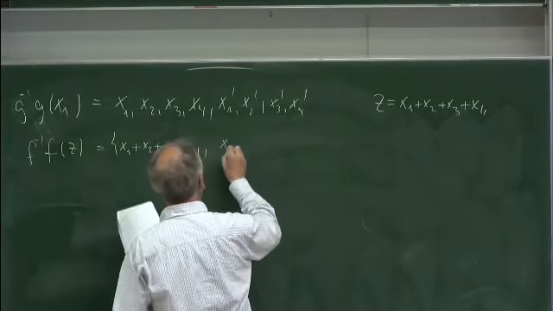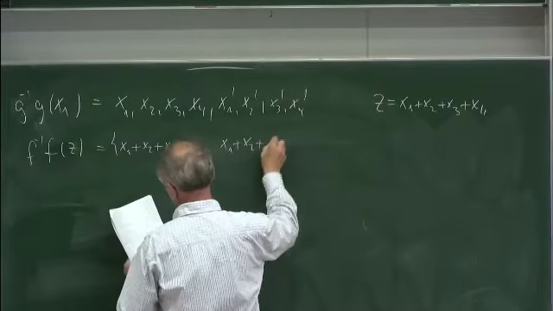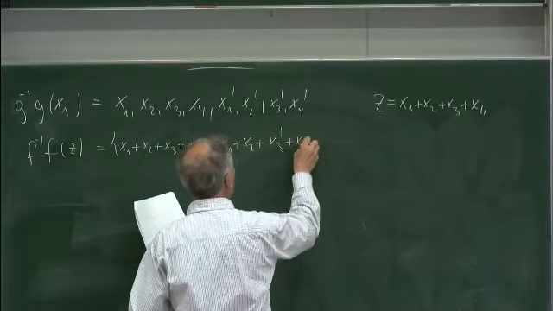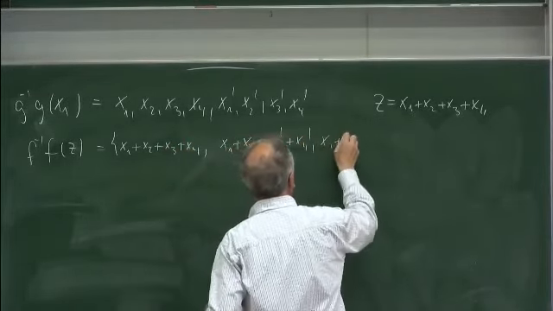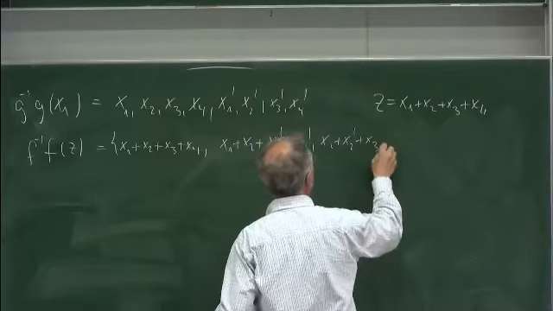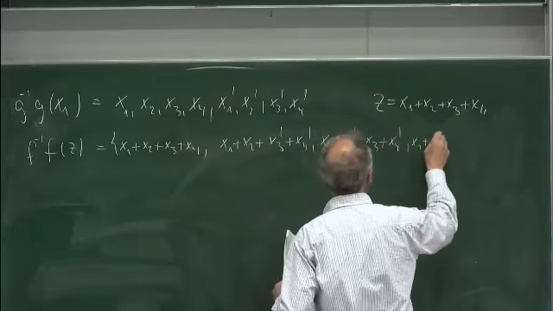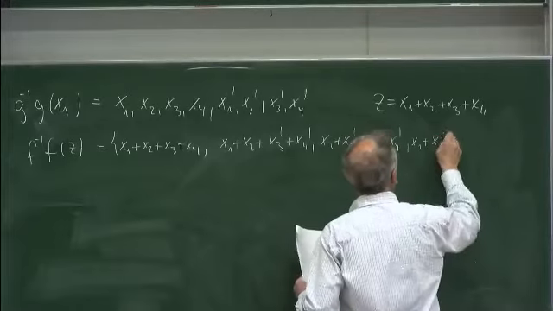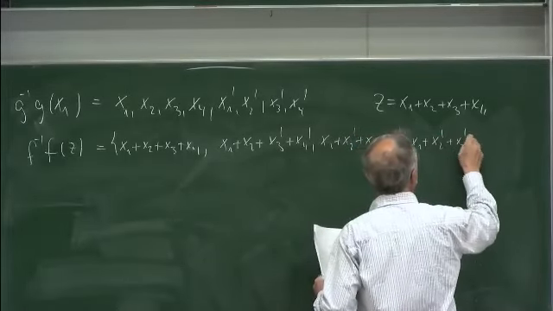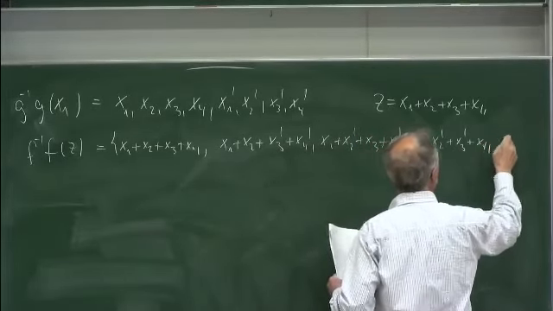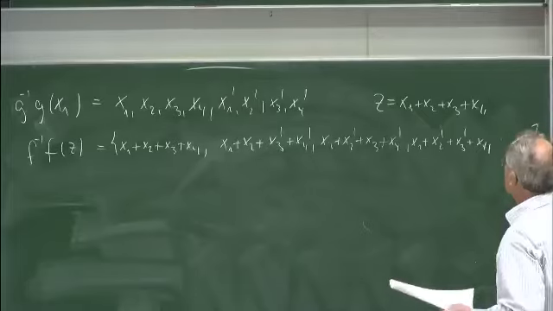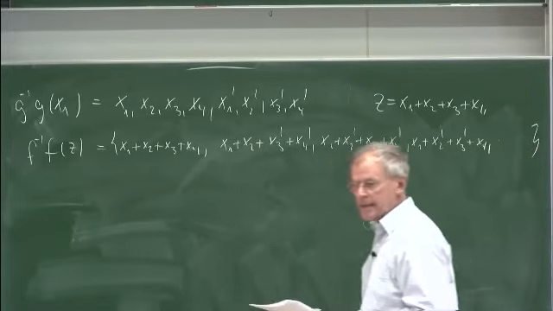So it is x1 plus x2 plus x3 prime plus x4 prime, x1 plus x2 prime plus x3 plus x4 prime, x1 plus x2 prime plus x3 prime plus x4, etc. I will not give all of it. So also 8 elements.